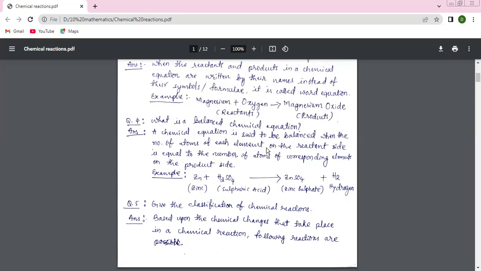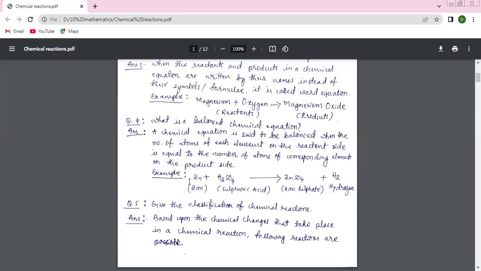To understand this definition of the balanced chemical equation, look at this equation. It is a chemical equation.